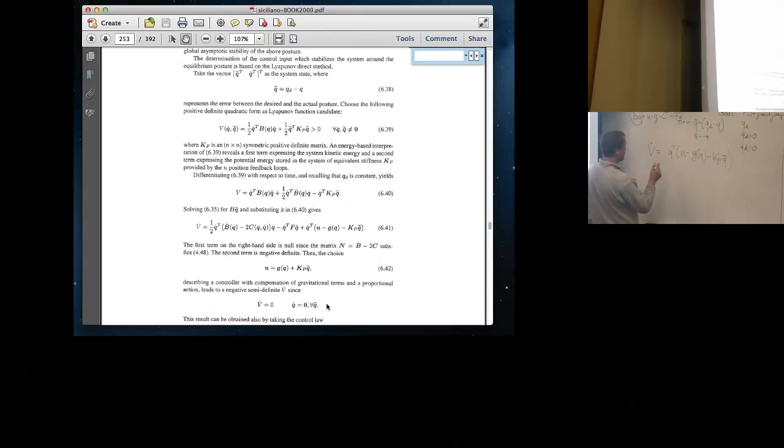This is going to be Q dot transpose times U, just I multiply all the terms out, minus Q dot transpose G of Q minus Q dot transpose KP Q squiggle, is that correct?